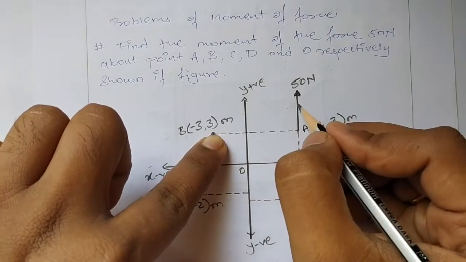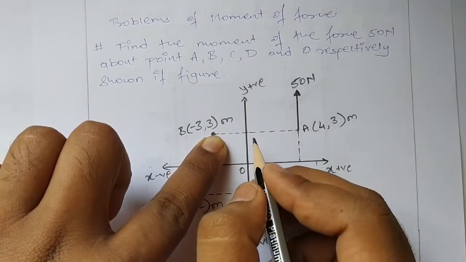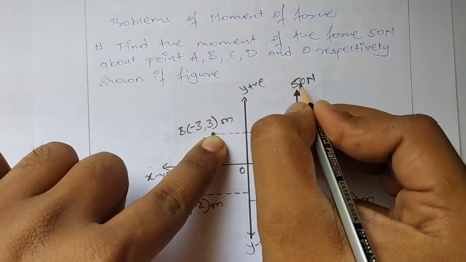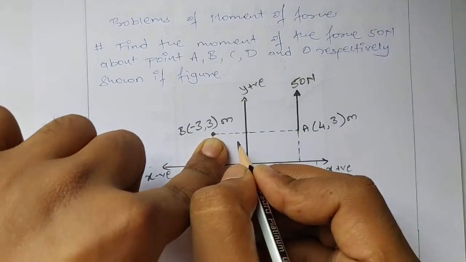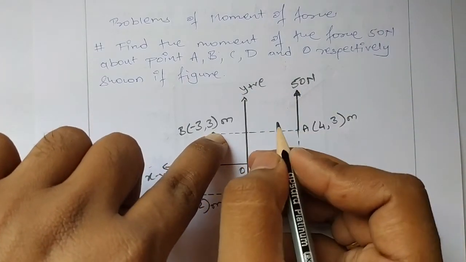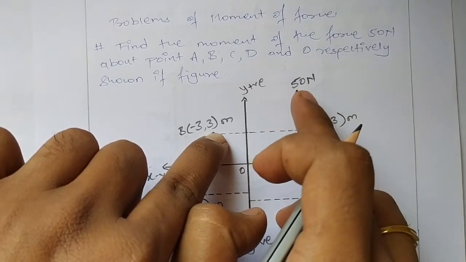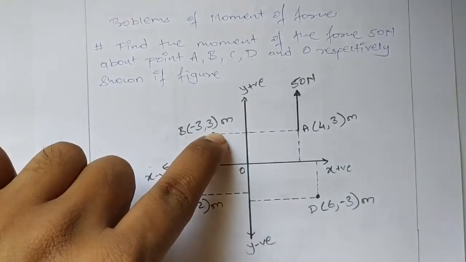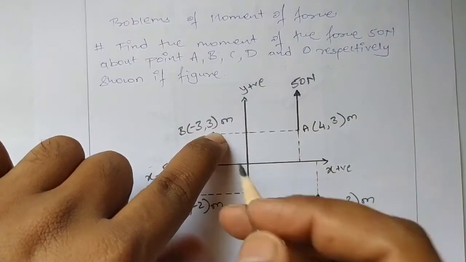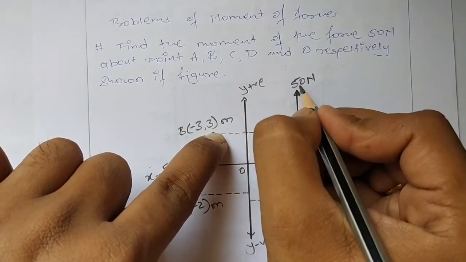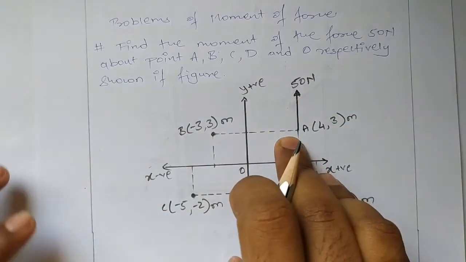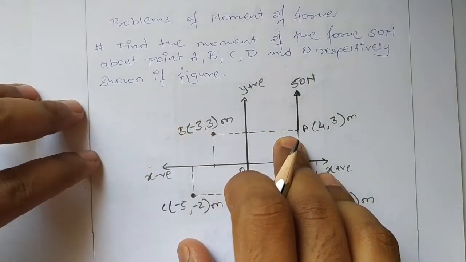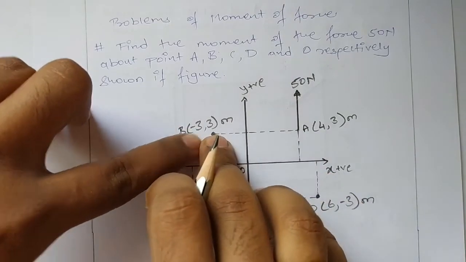Moment of force is nothing but force into perpendicular distance. So here force is 50 into 7 meters. And again, about this point B, the force 50 Newton is making an anti-clockwise moment, so that is why it is a positive moment. Then 50 into 7 is the moment of force about point B.